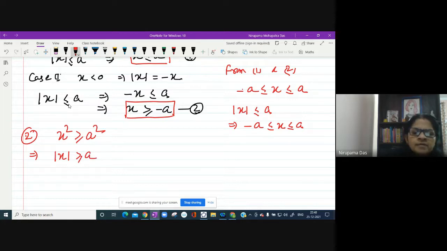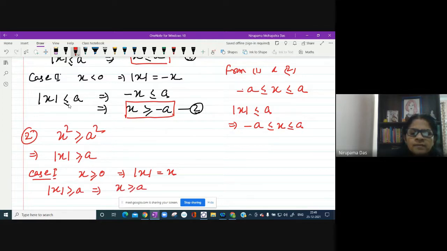Like previous case, if I write here case 1, means when x greater than equal to 0, which implies mod x equal to x. So in this case, mod x greater than equal to a implies x greater than equal to a. First case. Case 2, here you can see, okay, we can consider x less than 0.